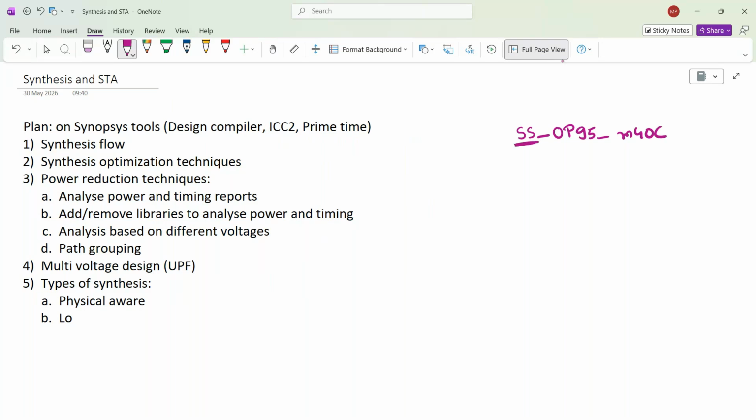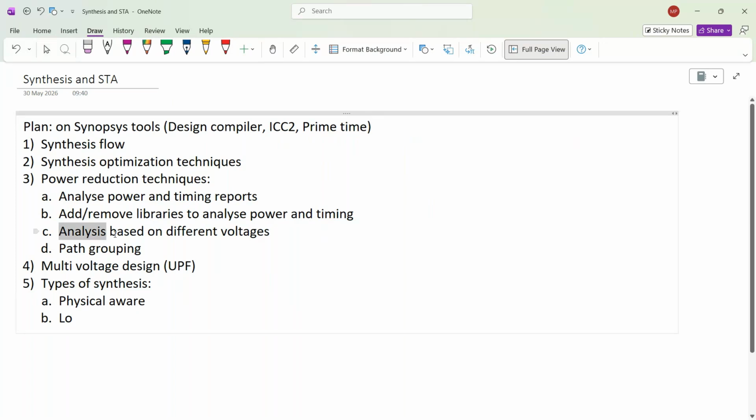It's a slow corner working on 0.95 voltage and the temperature is -40. Like this, we have different libraries working on 0.95 V and plus 125 degree Celsius temperature, like that. So we are going to give different libraries and see how it makes changes in timing and power.